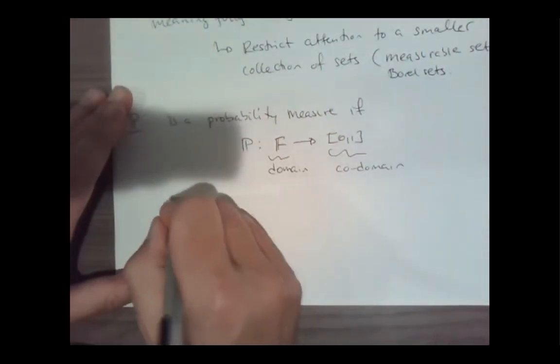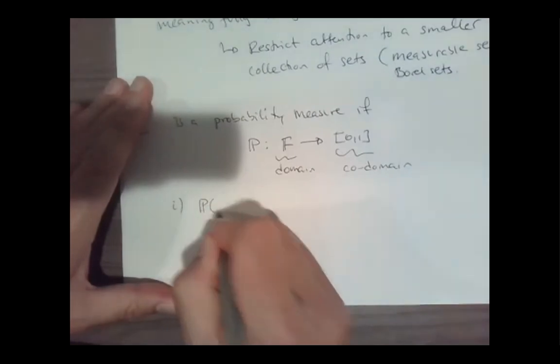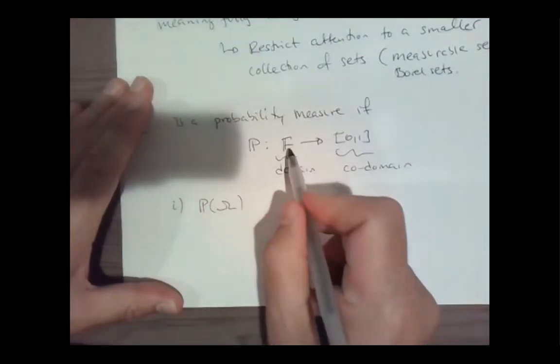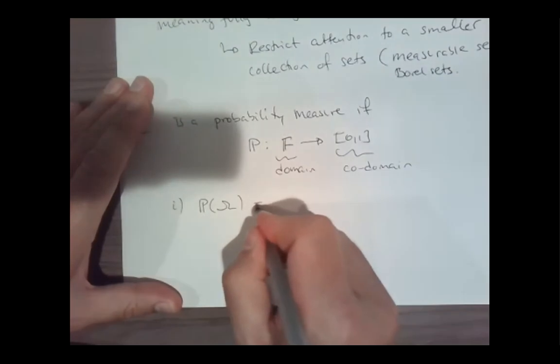This is a probability measure if two things hold. First, P of omega, remember omega is always inside F, gives me 1.